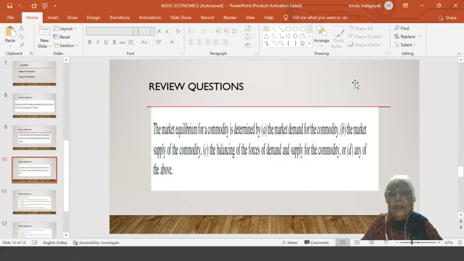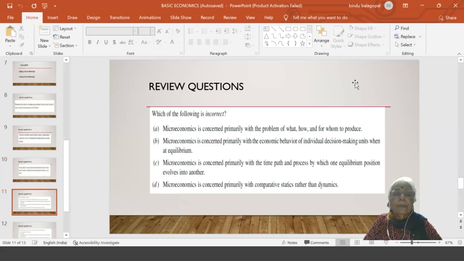The market equilibrium for a commodity is determined by A, the market demand for the commodity, B, the market supply of the commodity, C, the balancing of the forces of demand and supply for the commodity, or D, any of the above. Which of the following is incorrect? A. Microeconomics is concerned primarily with the problem of what, how, and for whom to produce.